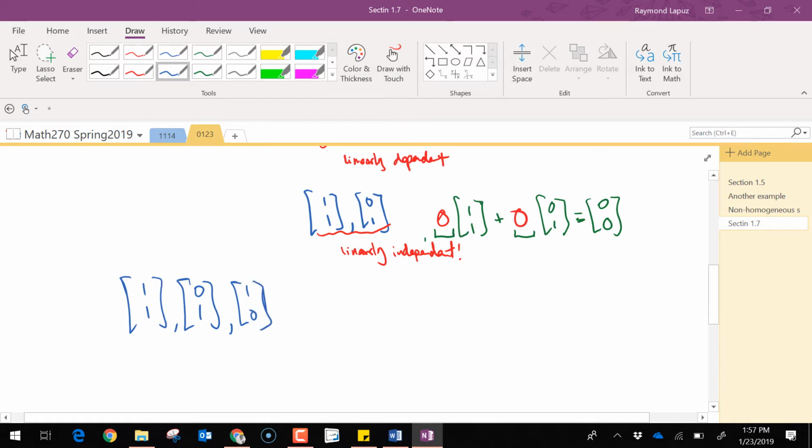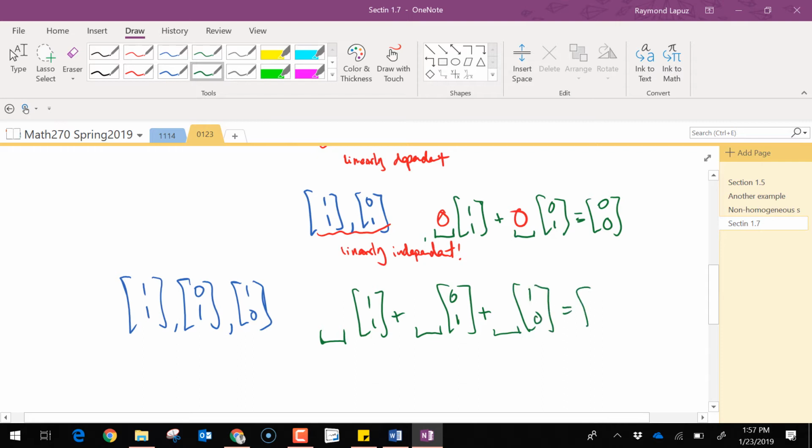So the question is, can I write this as a linear combination and get this to equal to 0 by putting in numbers that are not all equal to 0? Because clearly if I put zeros in there, that's a trivial solution. Anyways, can you find me some numbers that would make this equal to 0?